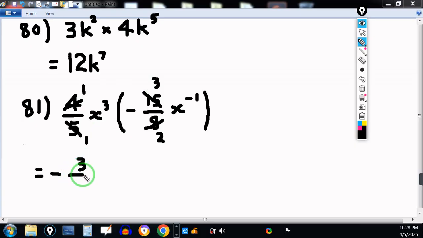Downstairs 1, downstairs 2, downstairs is 2. Then I handle the x. This one can be very easy. 3 plus minus 1 will be 2. And it is that simple. That's the answer. Let's go on to 82.